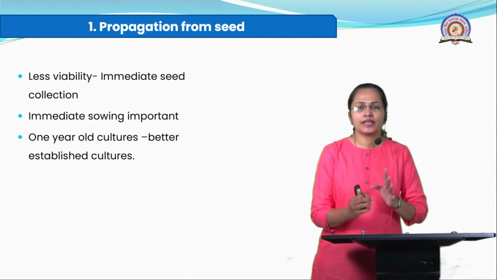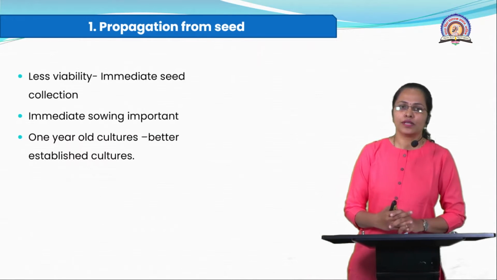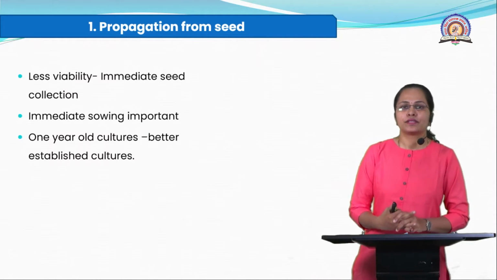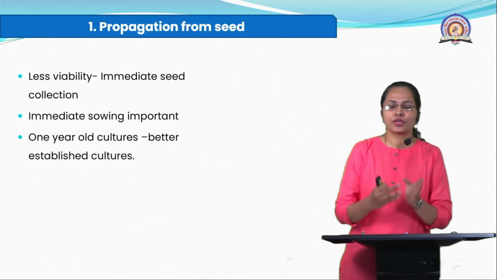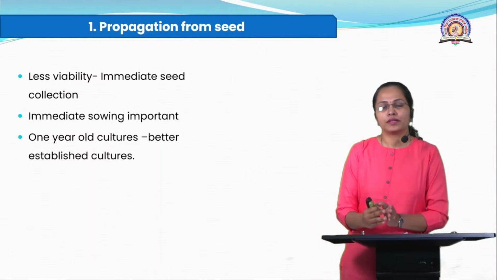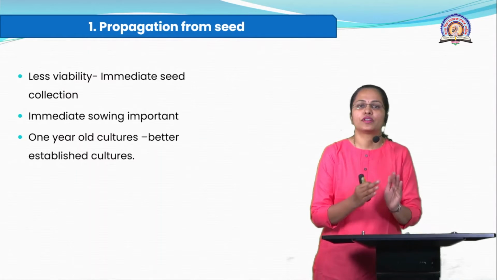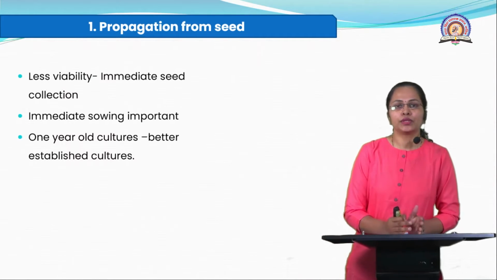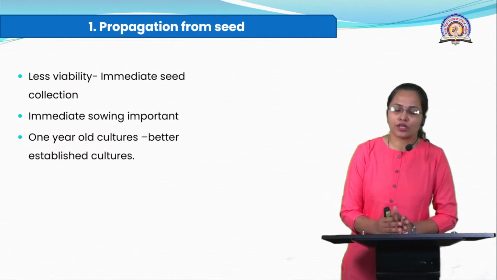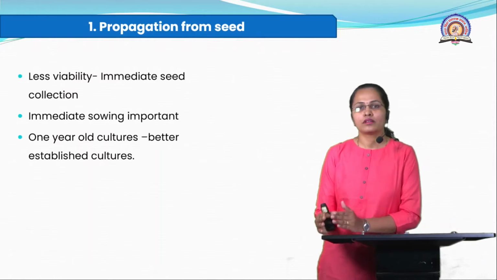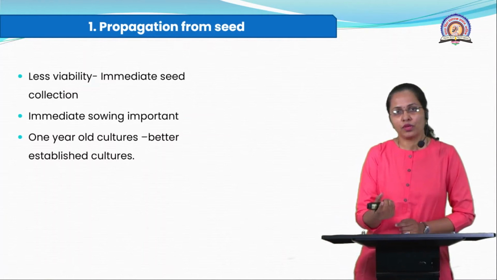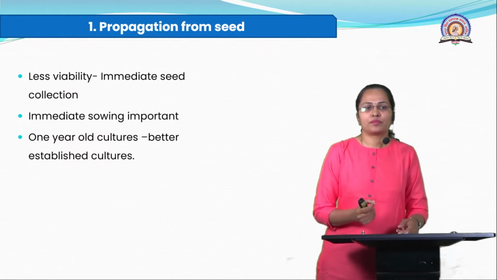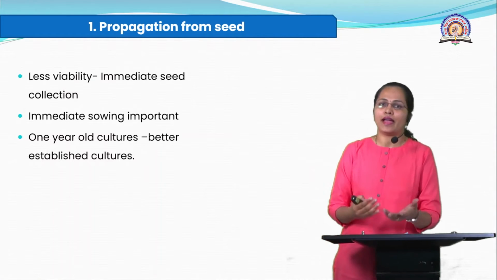Now, everybody is familiar with the seed. What is a seed? A seed is nothing but the small reproductive structure which is produced after flowering in the plant. After sexual reproduction in the plant, the reproductive structure born is nothing but the seed. This seed contains an embryo, and this embryo contains, we know, the radicle and plumule.